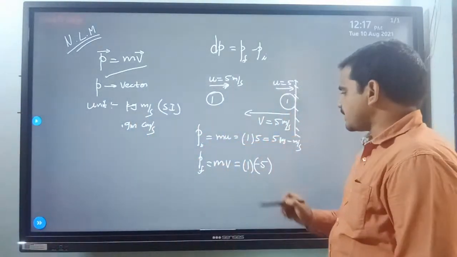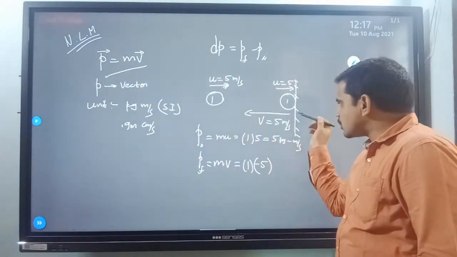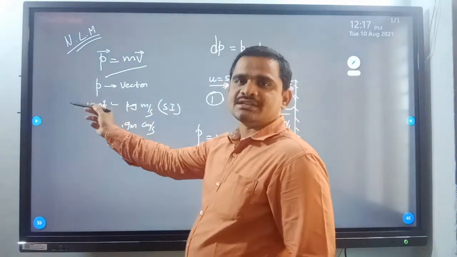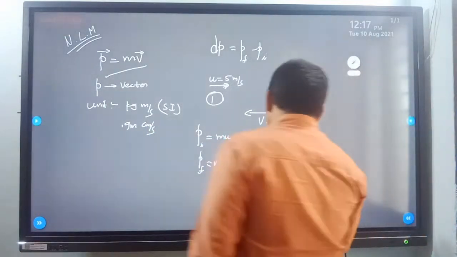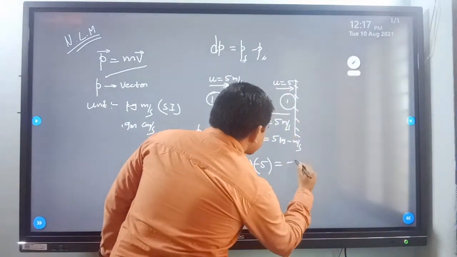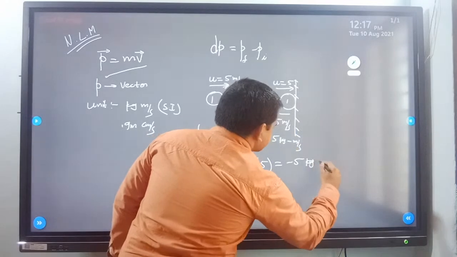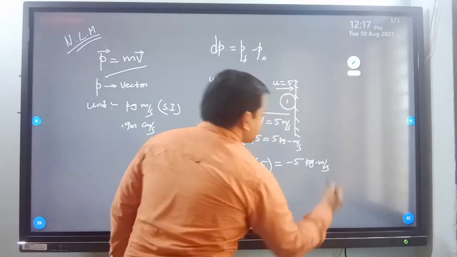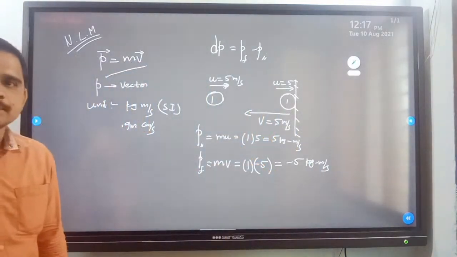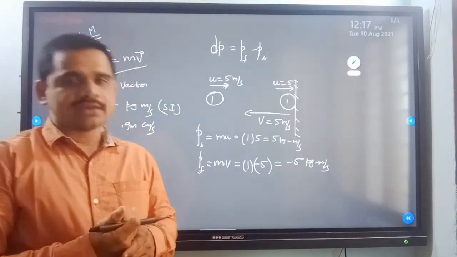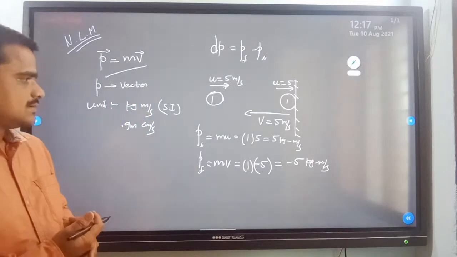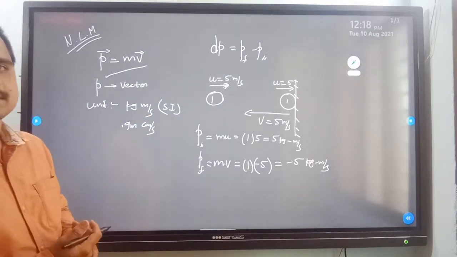This is why I am taking minus, because after hitting, the ball is moving in this direction. So I am getting minus 5 kg meter per second.